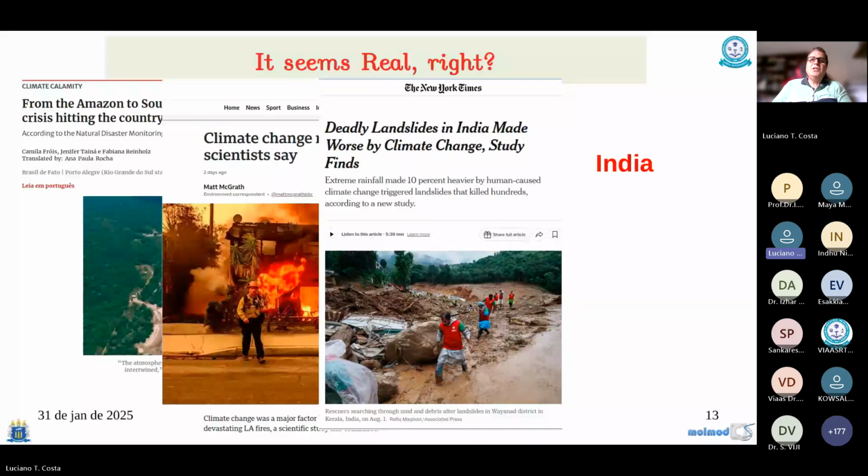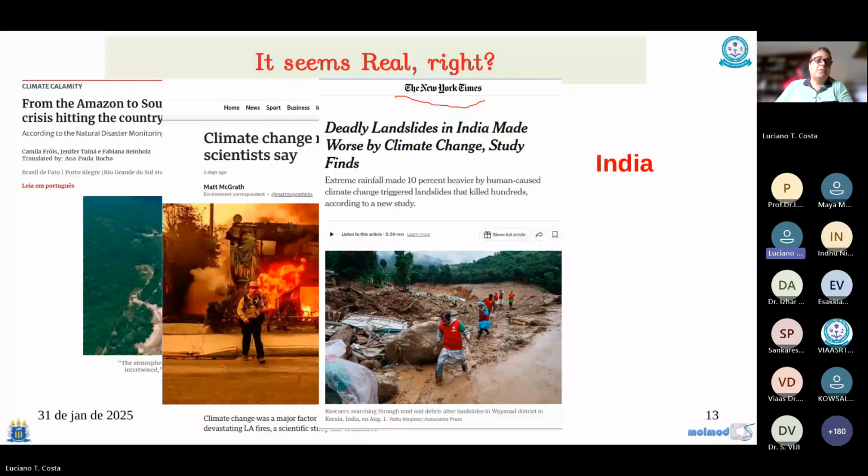This is from the New York Times, where landslides in India were made worse by climate change. This was also reported by scientists. So we have many disasters occurring around the world, okay? And the question is, this is not fake, this is real.